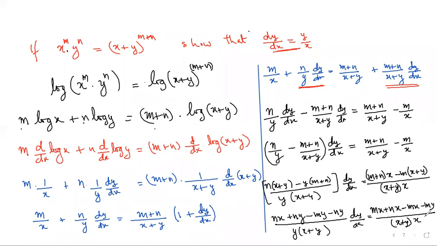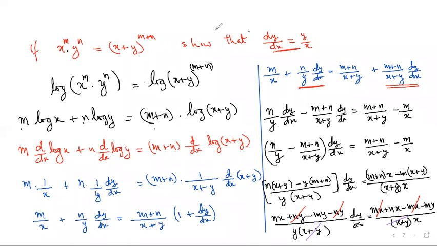Now look at the possible cancellations. Now there are further cancellations. Look at this cancellation. ny and ny gone. Then here mx and mx gone. Then x plus y and x plus y gone.